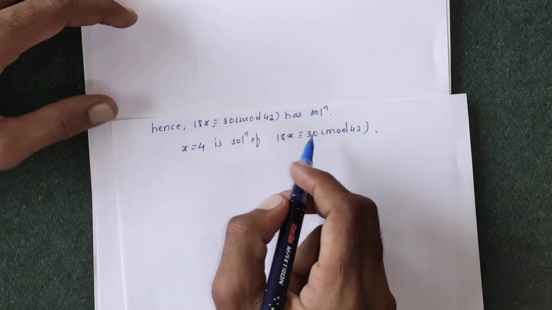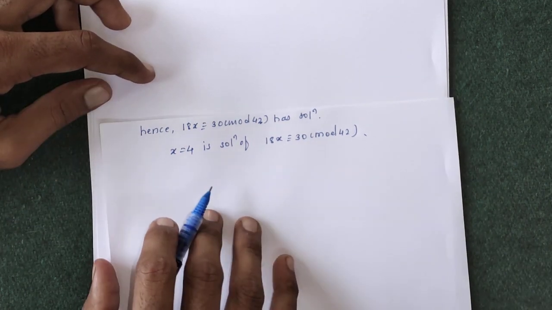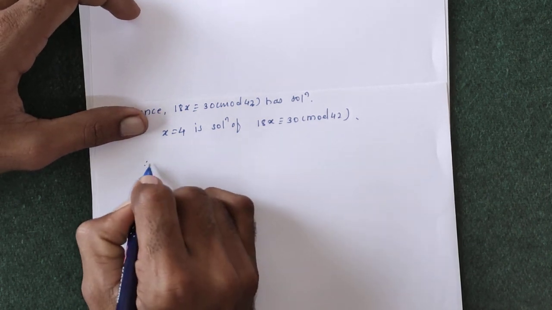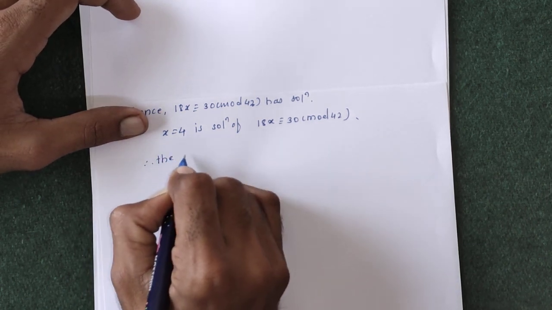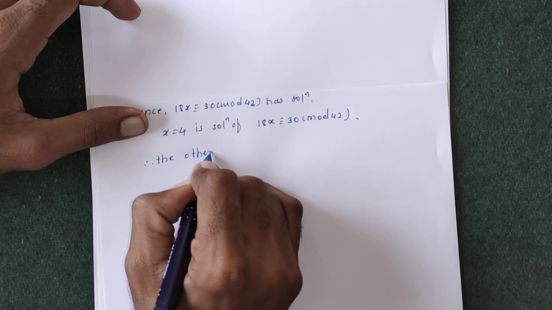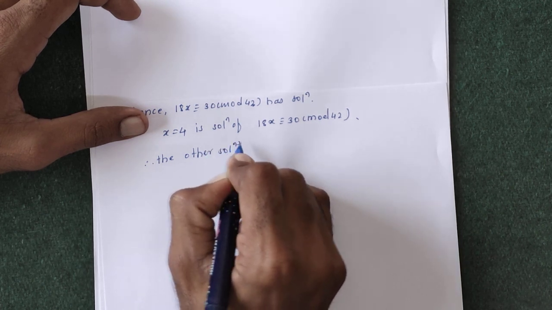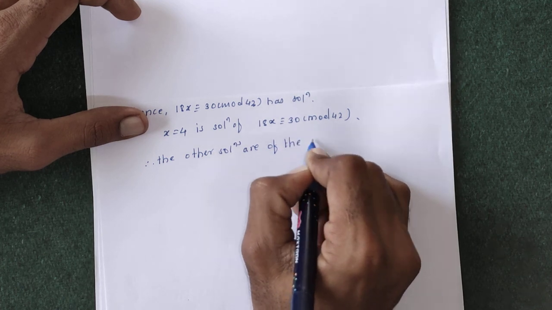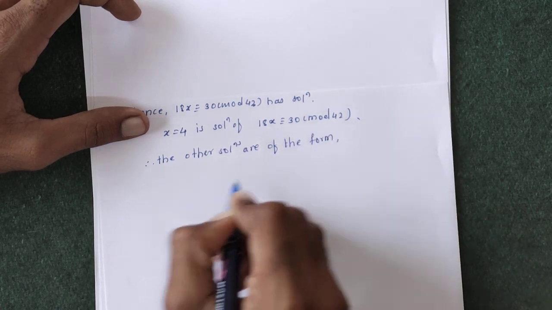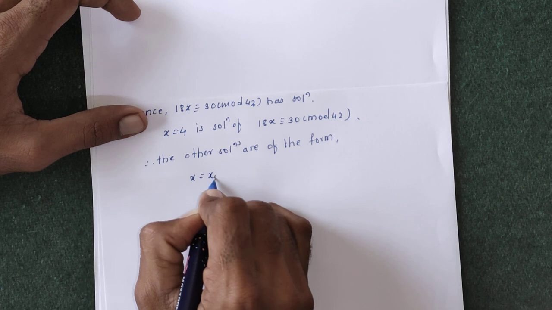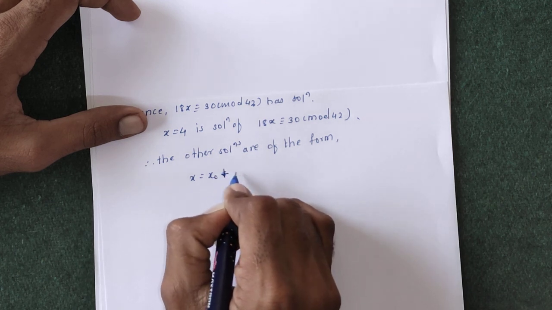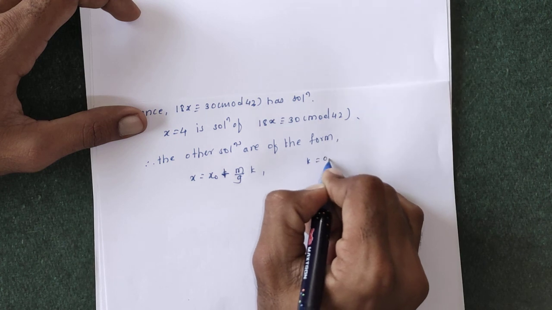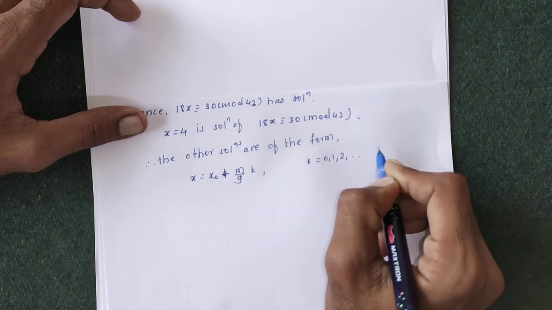From the above remark, the other solutions are of the form x equals x naught plus m by g into k, where k runs from 0, 1, up to g minus 1.